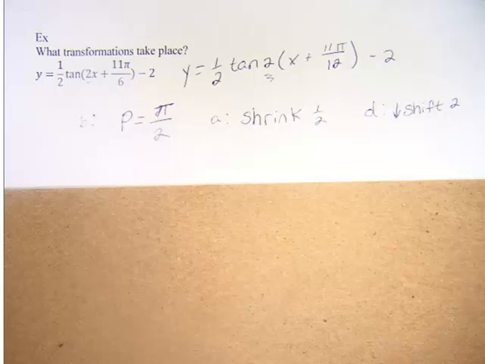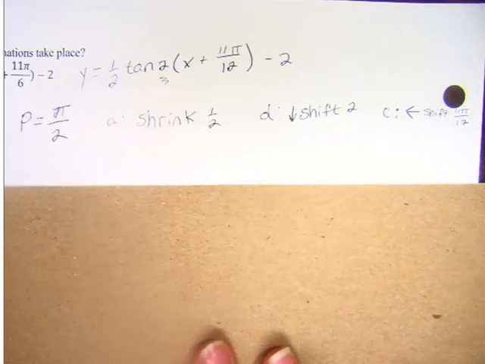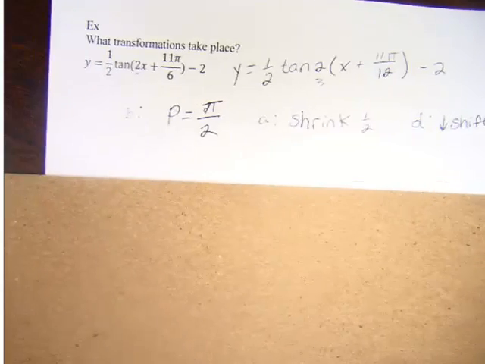And then lastly, I have my C value, and my C value is going to be a shift to the left 11 pi over 12. That's pretty ugly to have to try to shift. It's just a little bit less than pi, but it's going to be a left shift of 11 pi over 12. So those are the different types of transformations that are taking place in this equation.